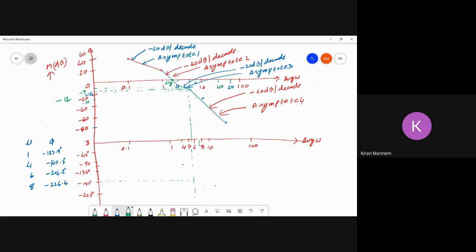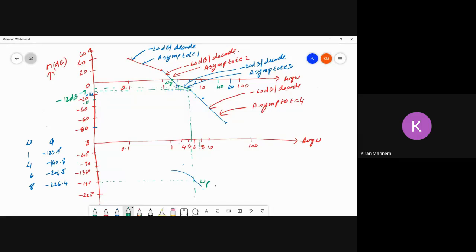So this is your omega P. We just project this phase crossover frequency on the magnitude plot, and it will touch at minus 12 dB.